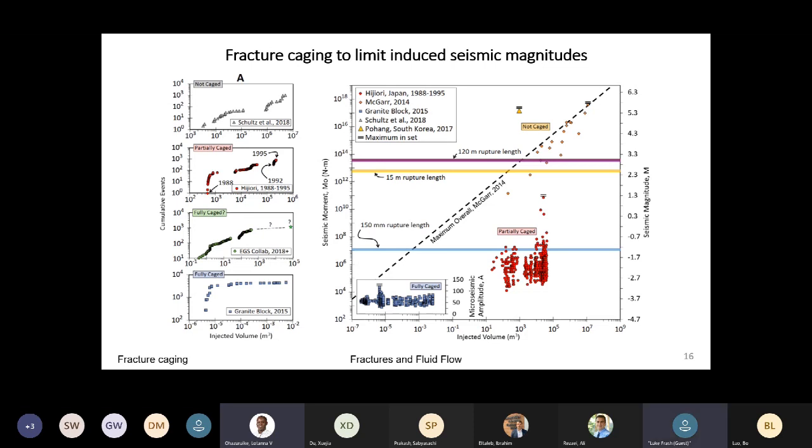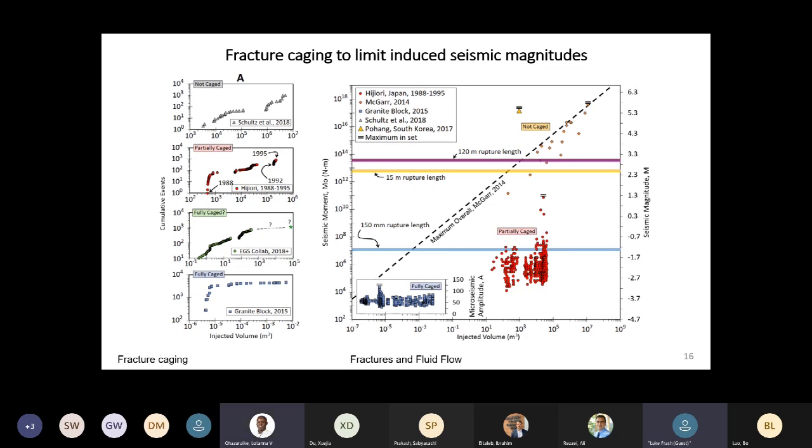Yes, so caging applies in a situation where you have simultaneous injection and production that's being driven by people. So in terms of natural seismicity, like on the San Andreas Fault, fracture caging, maybe there's some sort of implication there, but it'd be a lot harder to do in a meaningful way, because if you reduce the pressure too much, you can get seismicity.